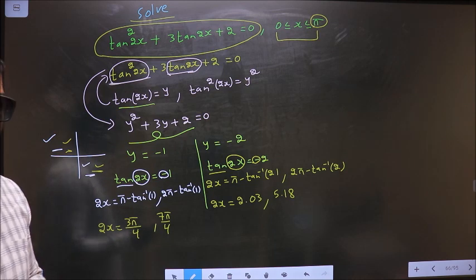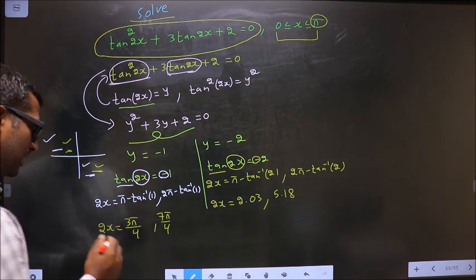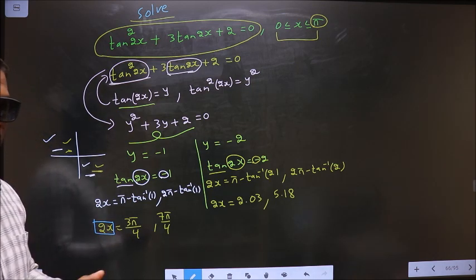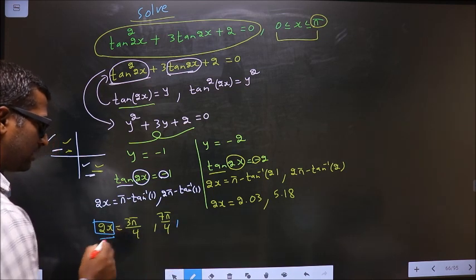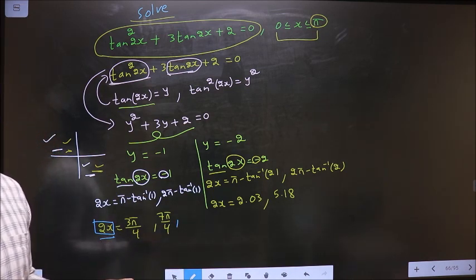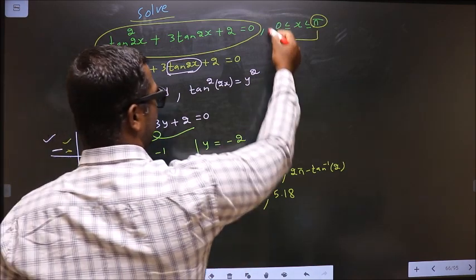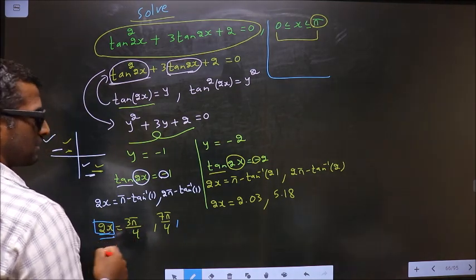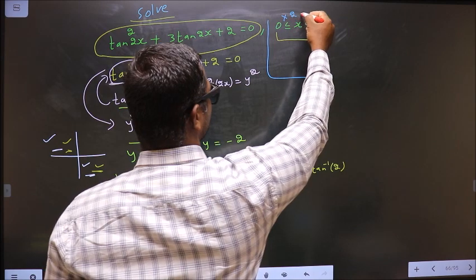Now the question arises, in what interval should the values for 2x lie? Question 2, how many values shall I find for 2x? To answer that, we do this. Here x lies in this interval. We need 2x. To get 2x, you multiply by 2.